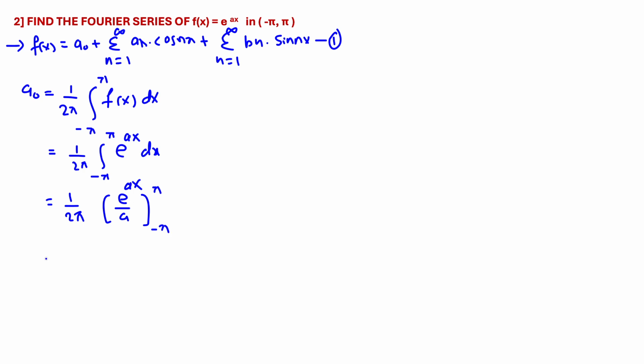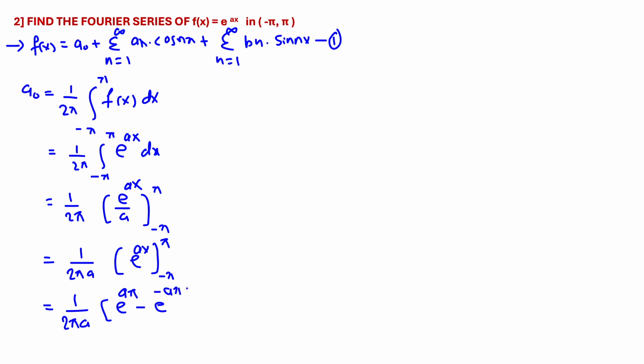Okay, a is constant, so I'm taking it outside, so I can write 1 upon 2 pi a, and inside only you will get e raised to ax, limits minus pi to pi. Next, 1 upon 2 pi a, instead of x first put the upper limit, so you will get e raised to a pi, minus, instead of x now put the lower limit, so you will get e raised to minus a pi.